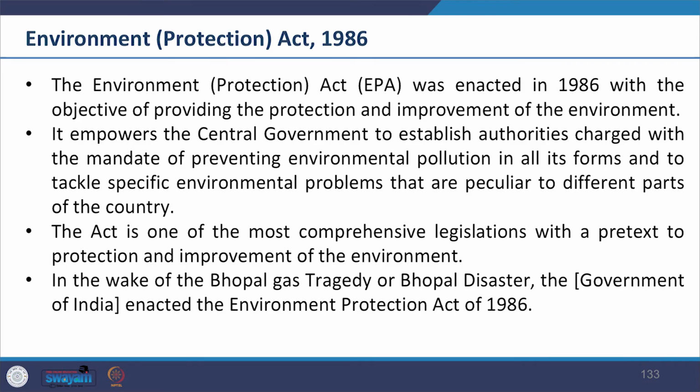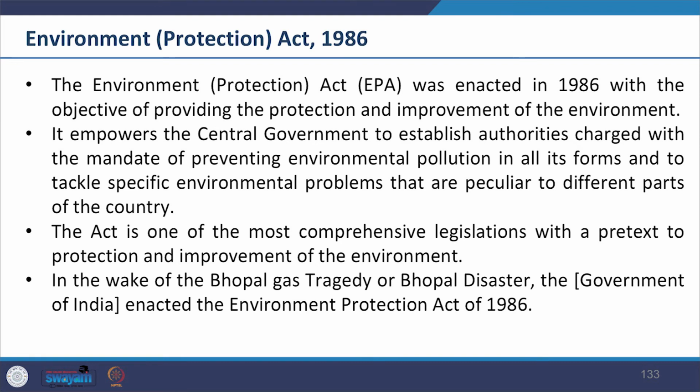At the same time, our awareness about the environment improves, and we see that the Environmental Protection Act came in 1986. The Environmental Protection Act, EPA, was enacted in 1986 with the objective of providing protection and improvement of the environment.